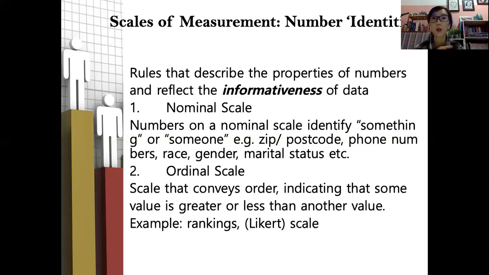The first one is what we call nominal scale. This might be tricky to understand for us Indonesians. In Bahasa Indonesia, when we say the word nominal, we always associate it with money, right?